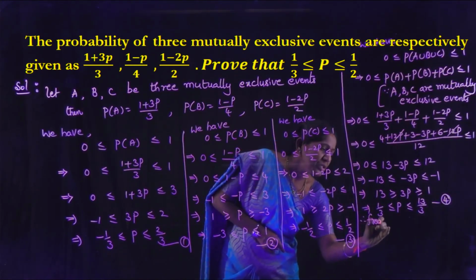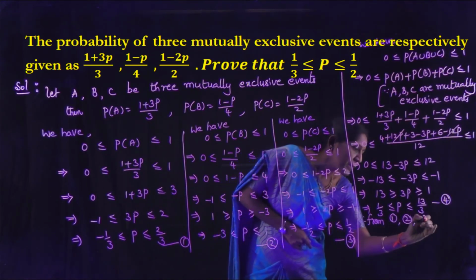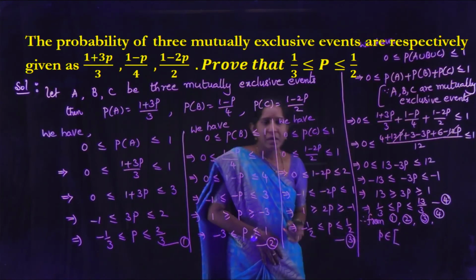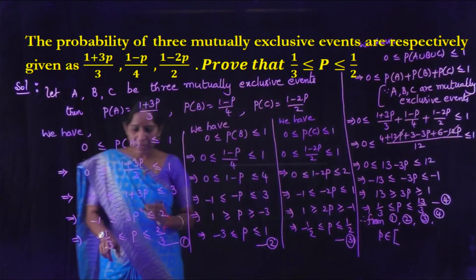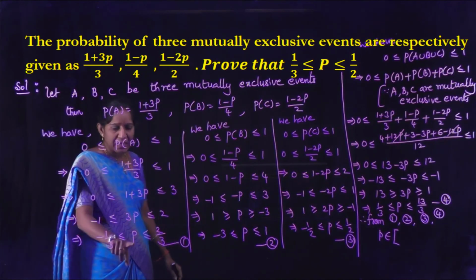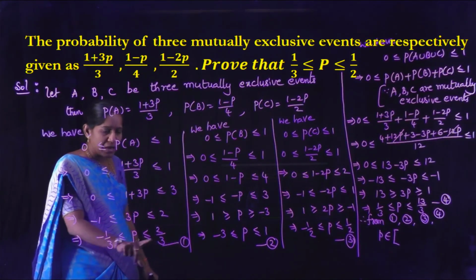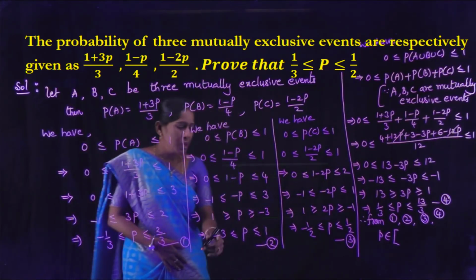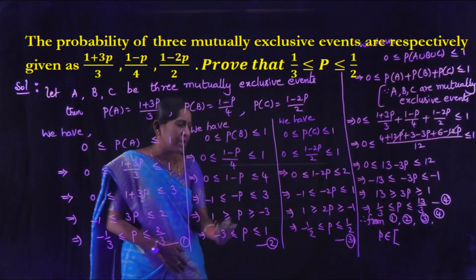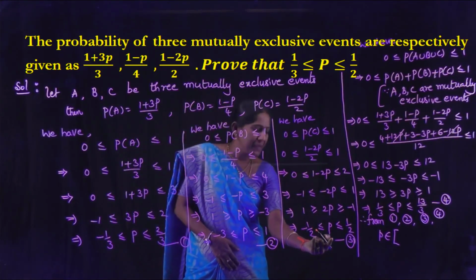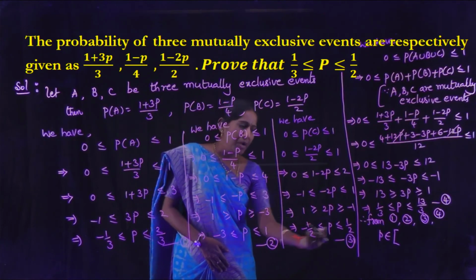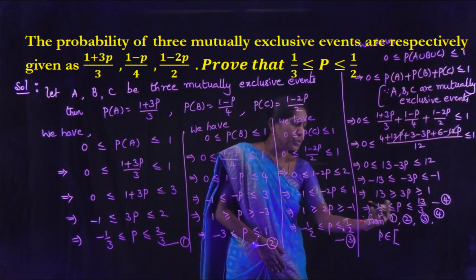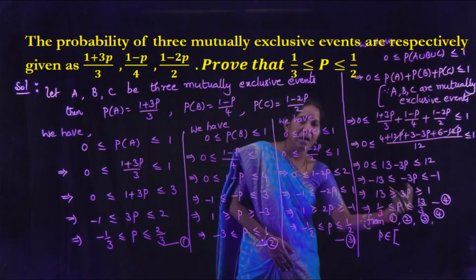Therefore, from equations 1, 2, 3, 4, we can write: from the first equation, p belongs to the closed interval minus 1 by 3 comma 2 by 3; from the second equation, p belongs to the closed interval minus 3 comma 1; from the third equation, p belongs to the closed interval minus 1 by 2 comma 1 by 2; and from the fourth equation, p belongs to the closed interval 1 by 3 comma 13 by 3.